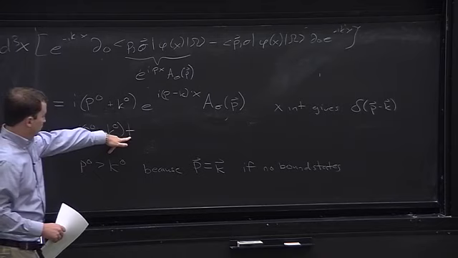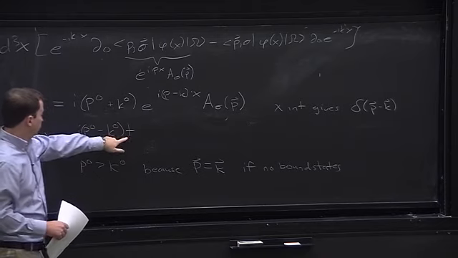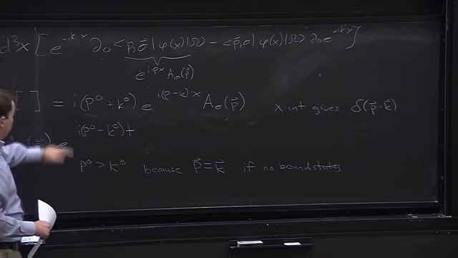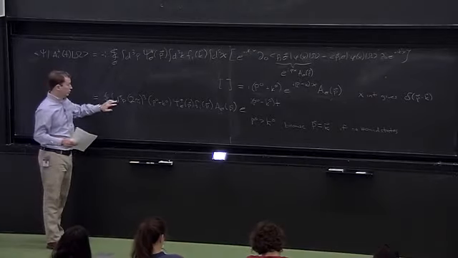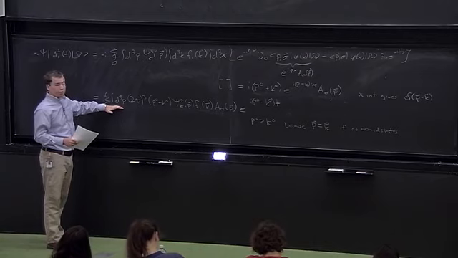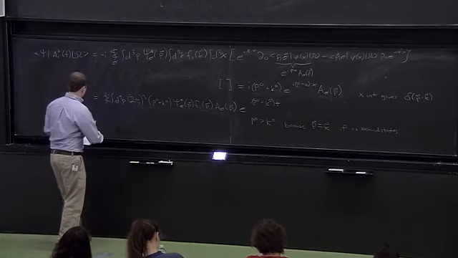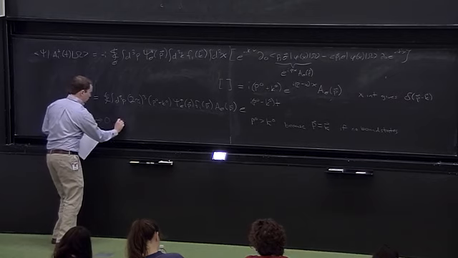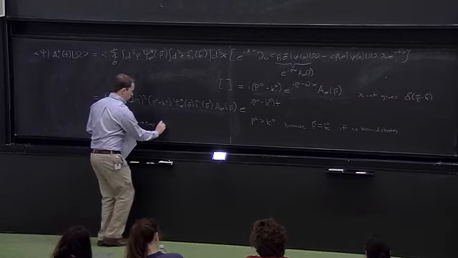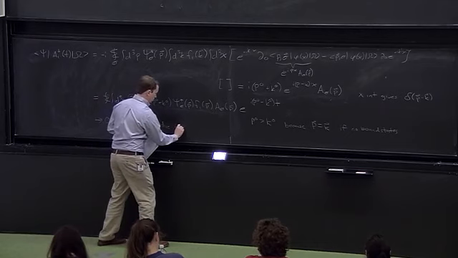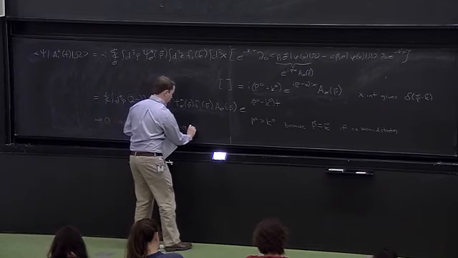So if we take t going to infinity or minus infinity, this will oscillate more and more rapidly, and we'll get destructive interference, and this integral will go to 0. So this goes to 0 as t goes to plus or minus infinity due to destructive interference.